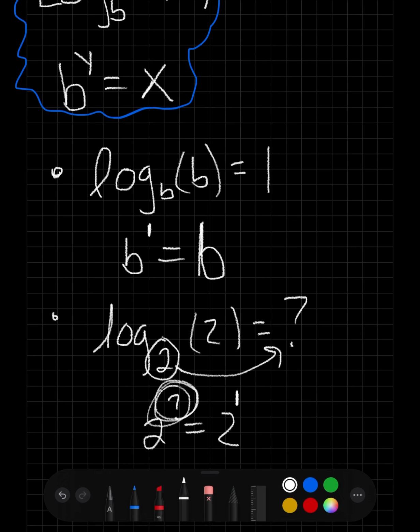Then we have a property of logarithms that says if I raise something to an exponent inside the argument, I can bring that exponent down. So now I'm left with x times log base 2 of 2 is equal to log base 2 of 13.